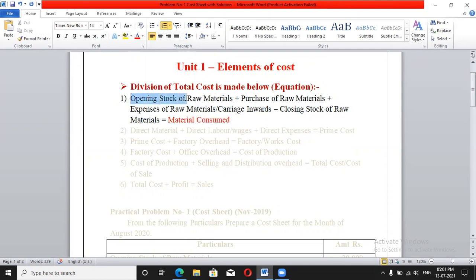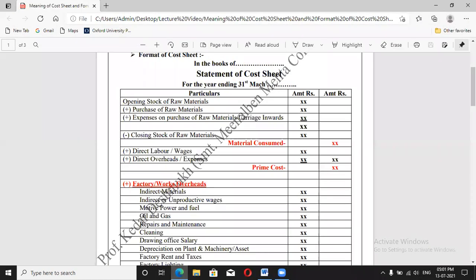The first equation: opening stock of raw material plus purchase of raw material plus expenses on raw material, that is carriage inward, minus closing stock of raw material. The answer of that equation is material consumed. We know the format of cost sheet, which we discussed in the last lecture.